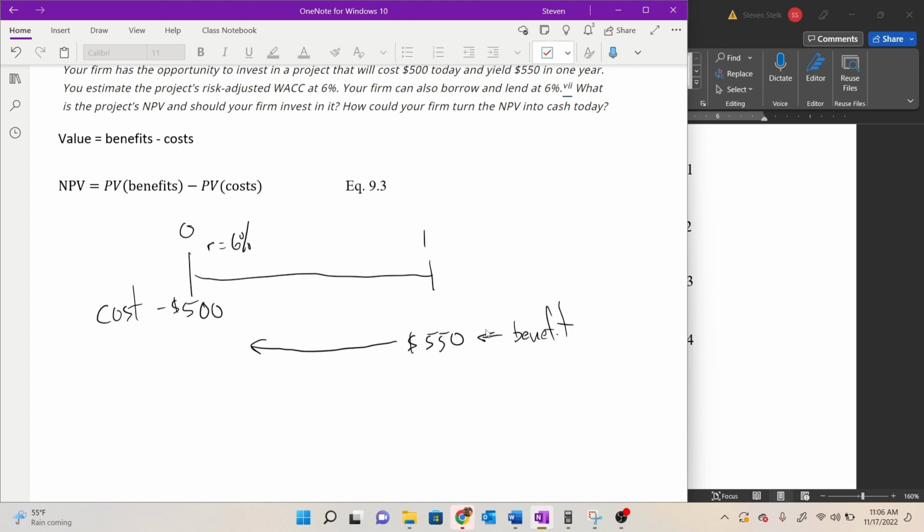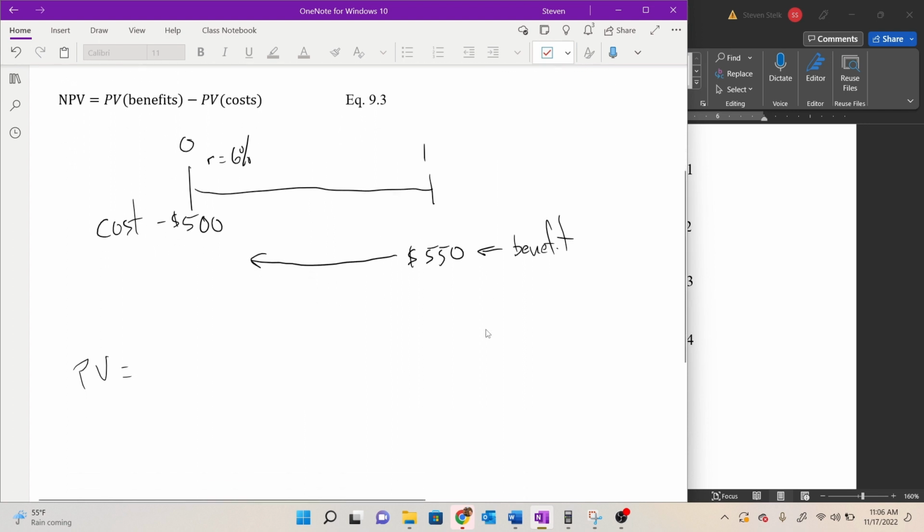All right, and we can recognize that if we're looking at this benefit here, that's just a lump sum payment of $550, so we can use the present value of a lump sum, which is equal to whatever the future value is, times our discount factor.